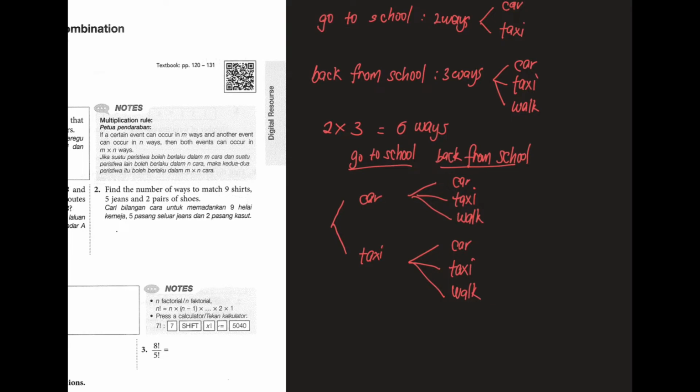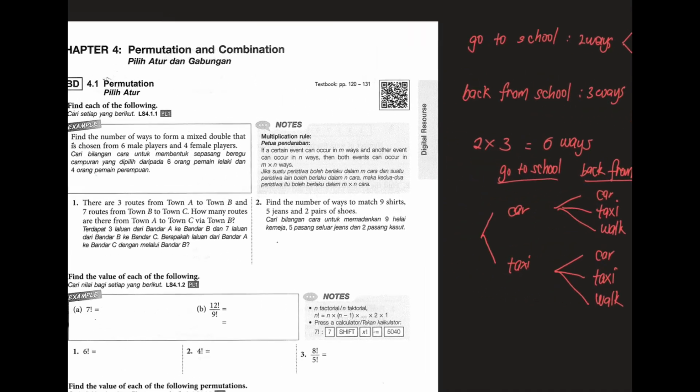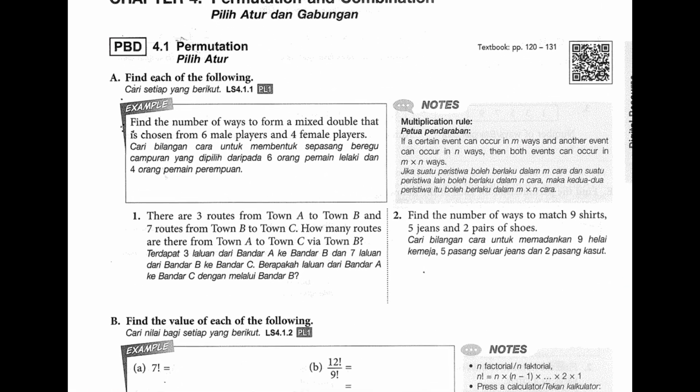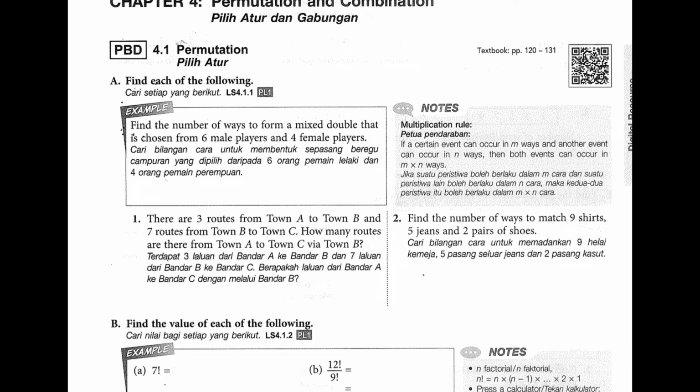Okay, so let's see the example here. Part A. Find each of the following. Find the number of ways to form a mixed double. Mixed double, you should know, is one male and one female player, chosen from 6 male players and 4 female players. So you want to do 2 events.